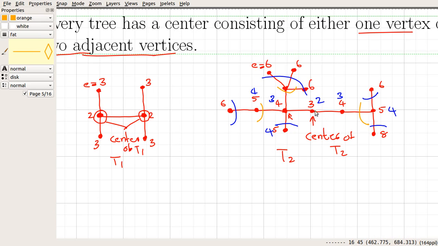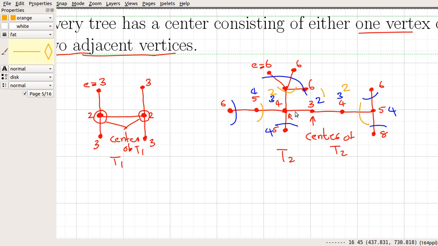So we are left with this path here. The eccentricity will get reduced by 1 again, so the new eccentricities will be 2 for this vertex, 1 for this vertex, and 2 for this vertex. Again we can see that the center of T2 double dash is still this vertex.